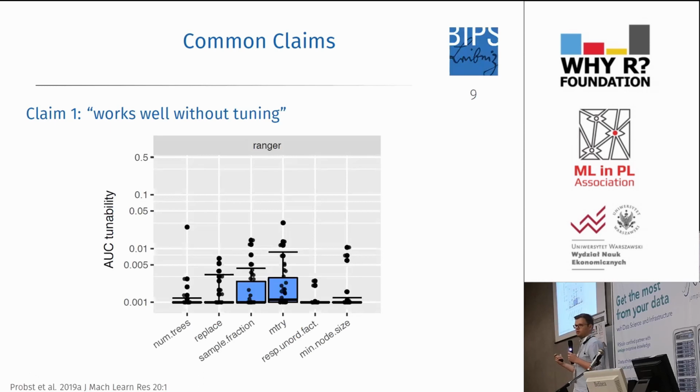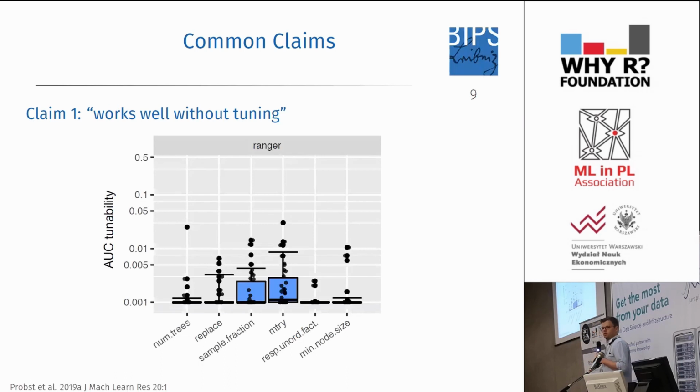So that goes in the same direction that the random forest tunability is small, which is good. And you see that the most important variables are mtry and sample fraction. These are exactly the two parameters that go for the random components I described. Mtry is the number of variables, and the sample fraction is how many observations you sample for each tree. So here you again see that these two components are very important.